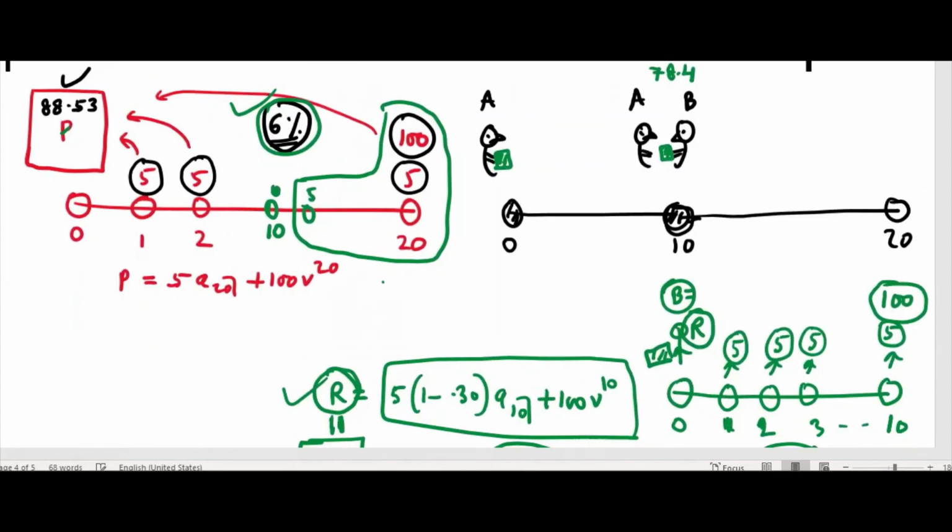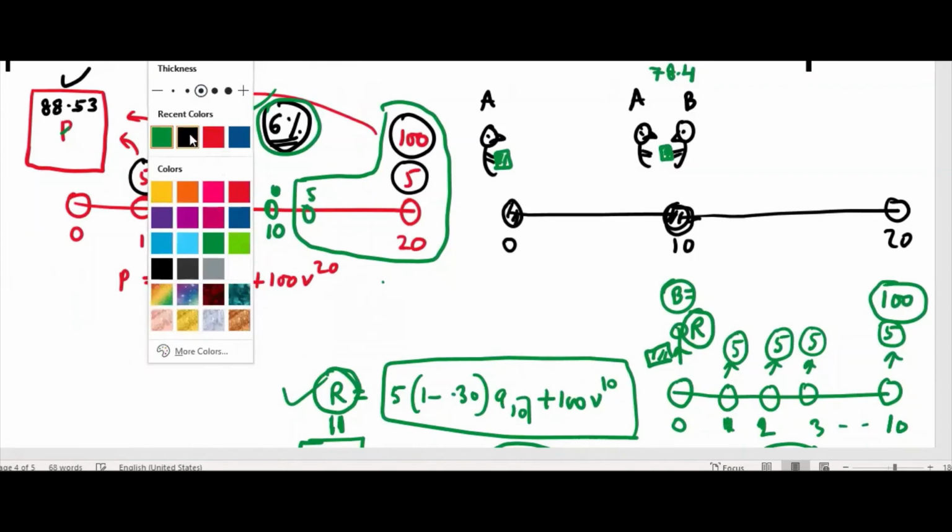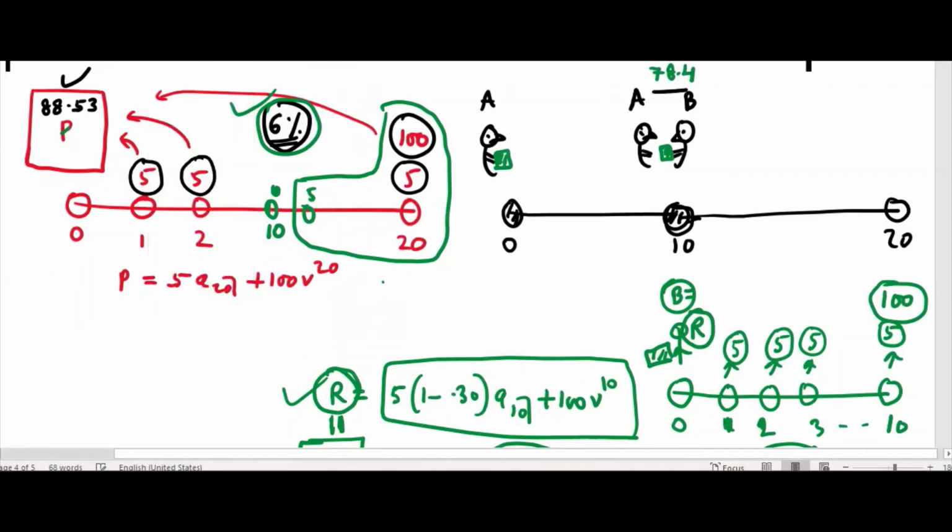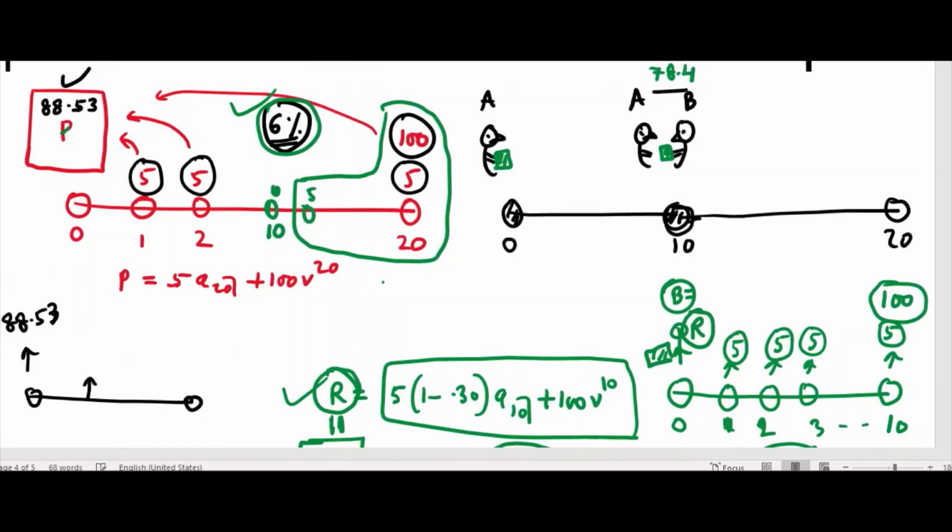Now what is the redemption price of A? The redemption price is 78.4, because this is the last amount he got. So how much did he spend? That is the price he paid, 88.53. In respect of this investment, he received 5 at the end of each year for 10 years. And finally, when he sold, he got 78.4.